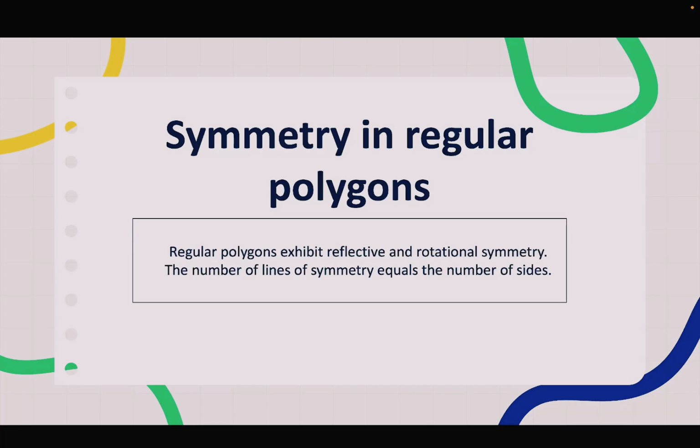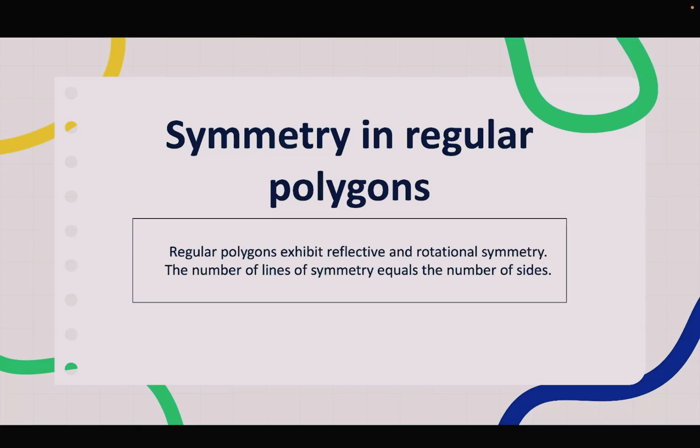Symmetry in regular polygons. Regular polygons exhibit reflective and rotational symmetry. The number of lines of symmetry is equal to the number of sides. For example, when we say a regular pentagon, not any pentagon, it should be a regular pentagon, that means all angles and all sides of that pentagon are equal.